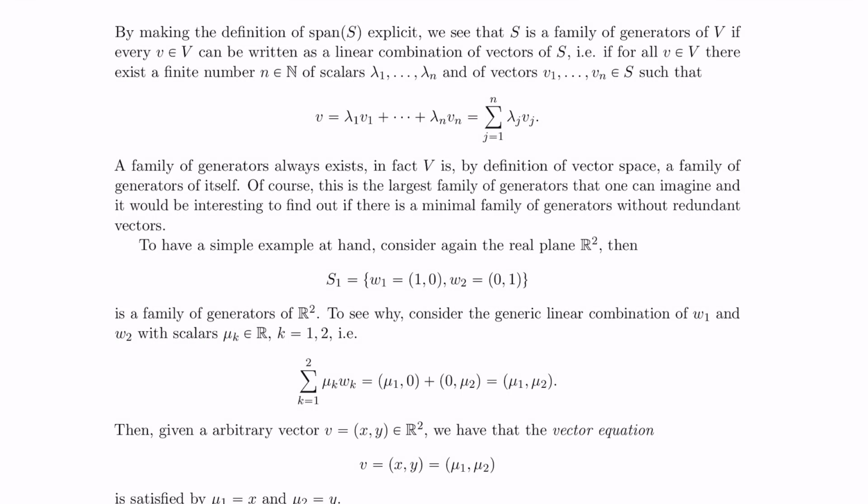If we write the definition of span of S explicitly, we see that the family S is a family of generators of V if every vector belonging to the vector space can be written as a linear combination of vectors of S, which means that there must exist a finite number of scalars lambda1, ..., lambda n belonging to the field F, and vectors v1, ..., vn belonging to S, such that V can be reconstructed through this linear combination here.